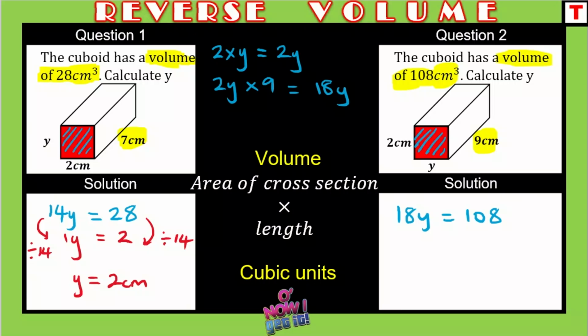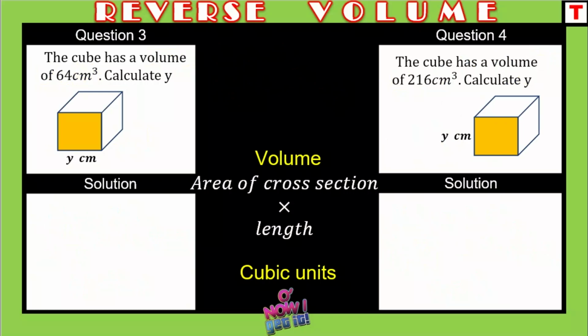So we want 1y, so therefore we're going to be dividing both sides by 18. And 108 divided by 18 is going to give us 6. So the value of y in this case would have been 6. Let's have a look at another one.